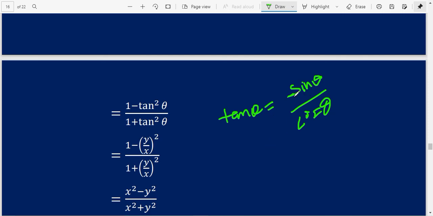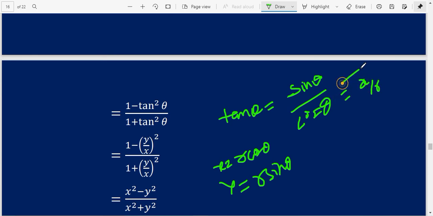So x is equal to r cos theta, y is equal to r sin theta. So the value of cos theta is x upon r, and the value of sin theta is y upon r. So r cancels out, and tan theta is equal to y upon x.